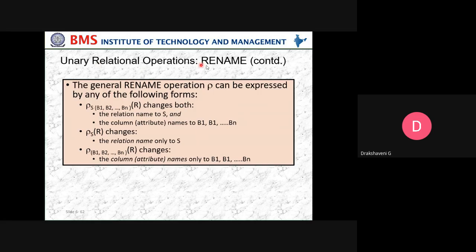The general rename operation rho can be expressed in any of the following forms: rho S, B1, B2, etc., of R changes both the relation name to S and the column attribute names. Rho S of R changes the relation name only to S. Rho B1, B2, etc., Bn of R changes the column attribute names only to B1, B2, etc., Bn. That is the unary relation operator rename.